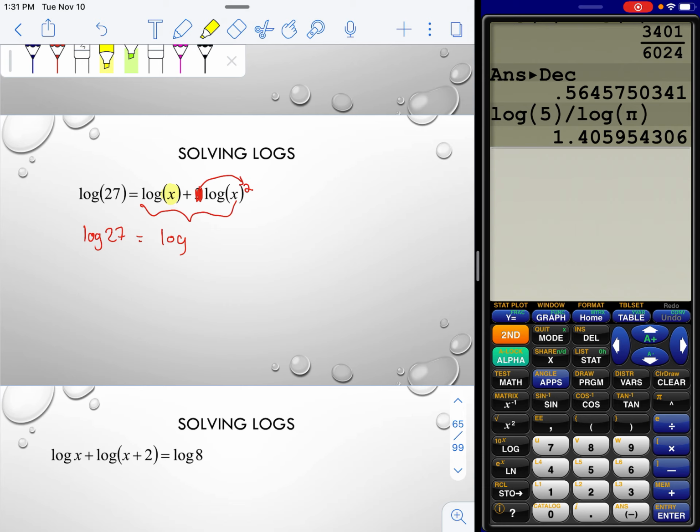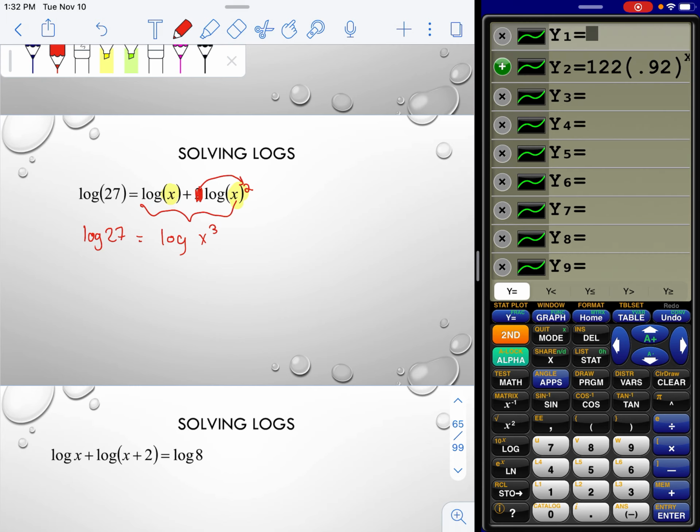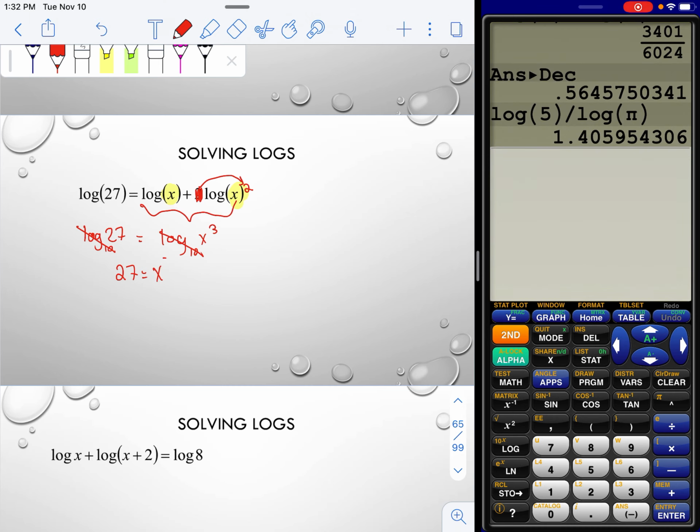I can multiply the x with the x squared, which gives me x cubed. A lot of people get stuck here and wonder what to do next. Well, we're dealing with log in the same base, log base 10 on both sides, so we can drop the log base 10s and set everything else equal. How do you undo x cubed? Take the cube root. The cube root of 27 is 3, therefore x equals 3.